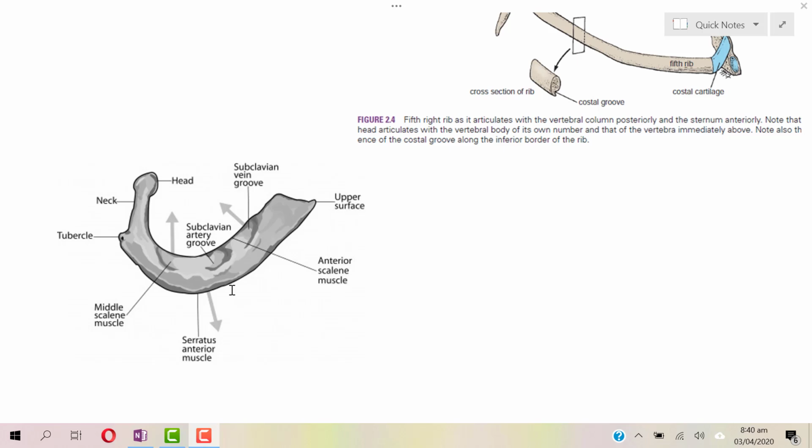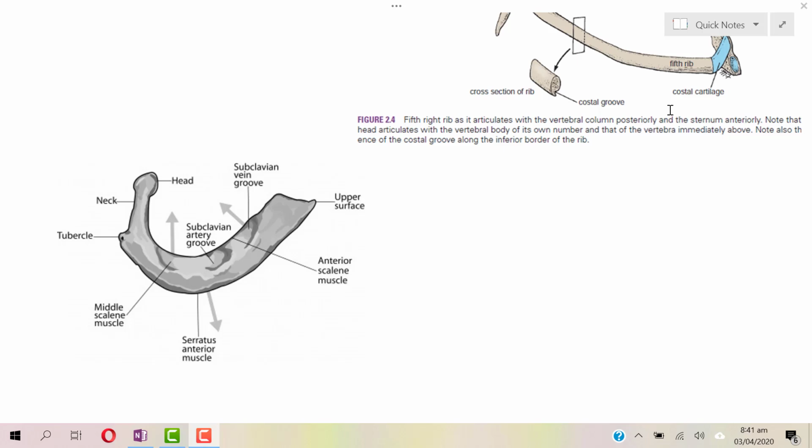See, there is another difference also. In typical ribs we had outer border, inner border, superior surface and inferior surface. Here also we do not have costal groove on the inner surface. In the typical rib we had outer surface and inner surface, but in the first rib we have outer border and inner border. In the typical rib we had upper border and lower border, but in the first rib we have inner border and outer border.